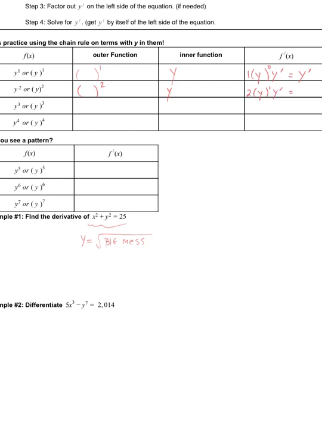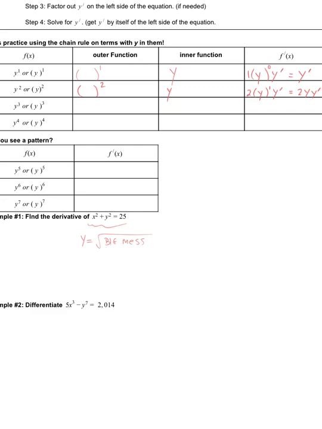So we get 2y to the first y prime. Now a word to the wise. In implicit differentiation, make sure your 1's and your primes look different, because it gets messy. So the derivative of y to the first is y prime. The derivative of y squared is 2y y prime.